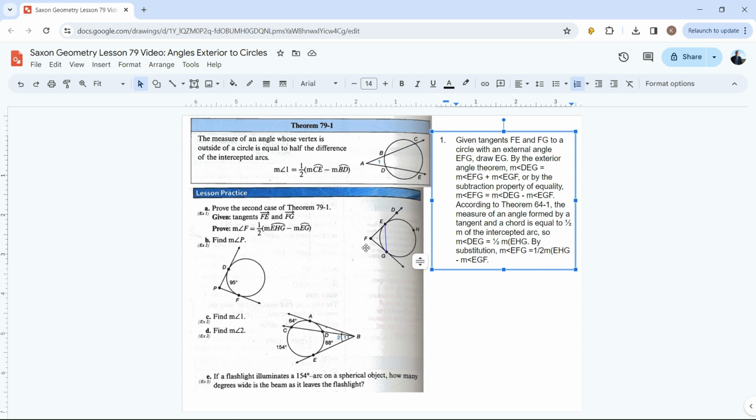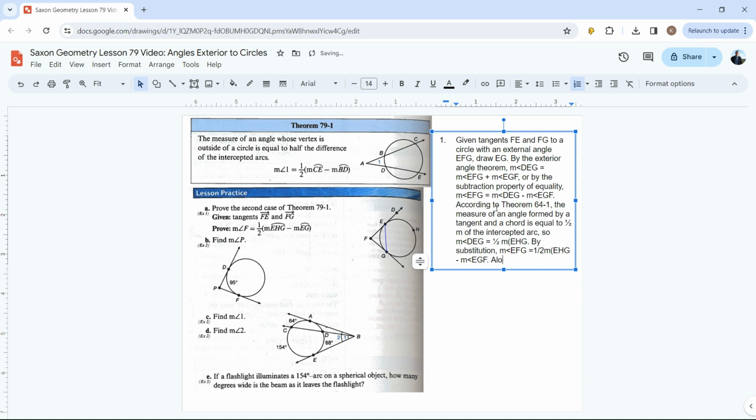Wait a second. Do we have here with EGF another chord that is part of an angle with a tangent? We do. So I can do the exact same logic that we did with DEG, now with EGF. Just like we did up here, we're going to go back to theorem 64.1.